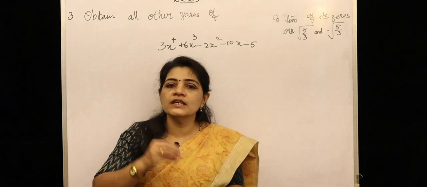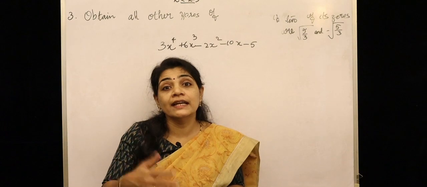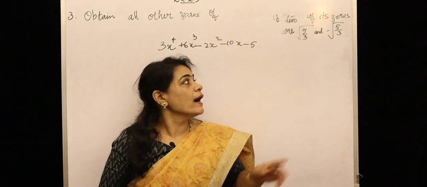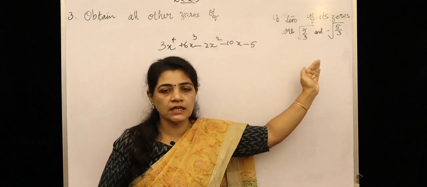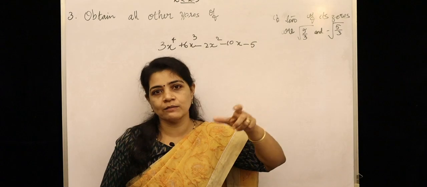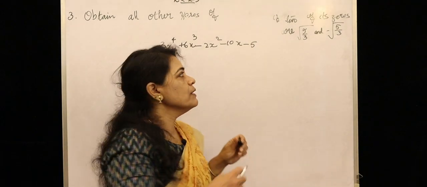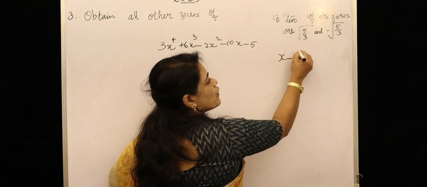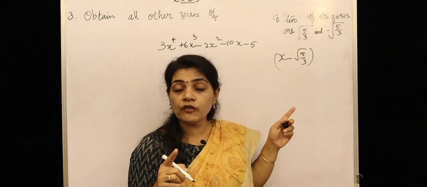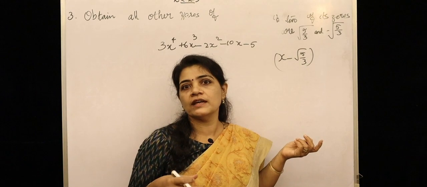So problems of this type can be solved in a different way. Okay. We have to get the factors from the zeros, by the factor theorem. If alpha is a zero, x minus alpha is a factor. That means x minus root of 5 by 3 is a factor. Okay, if minus alpha is a zero, x plus alpha is a factor.